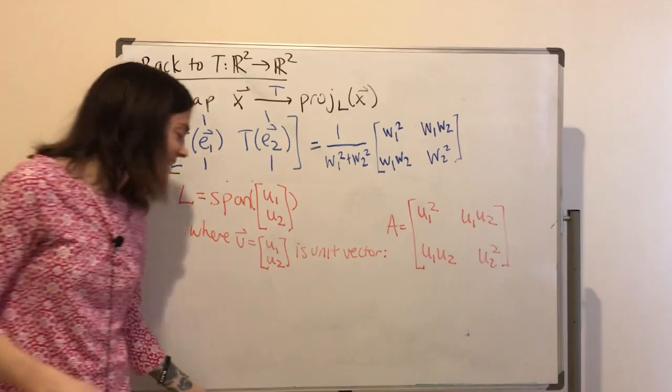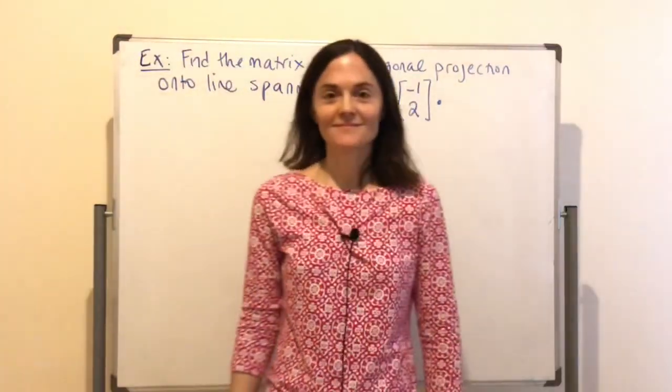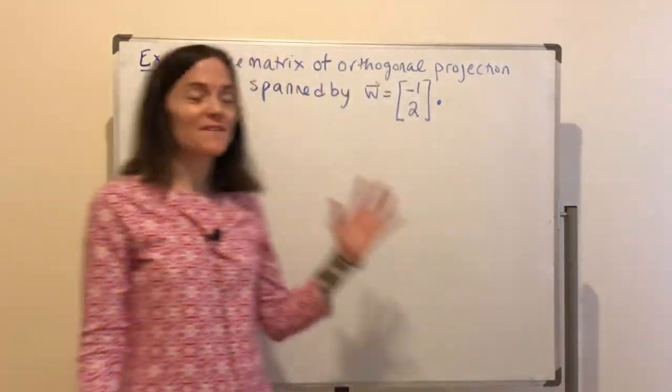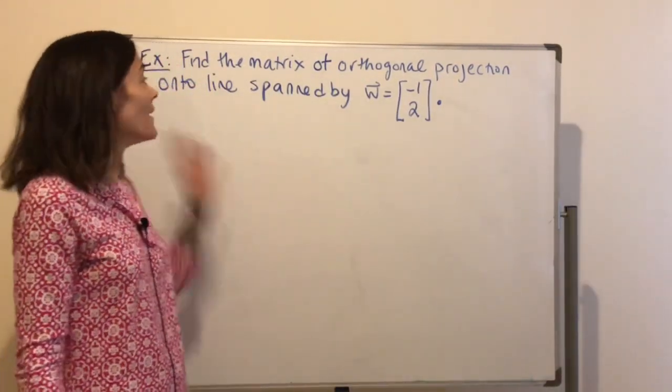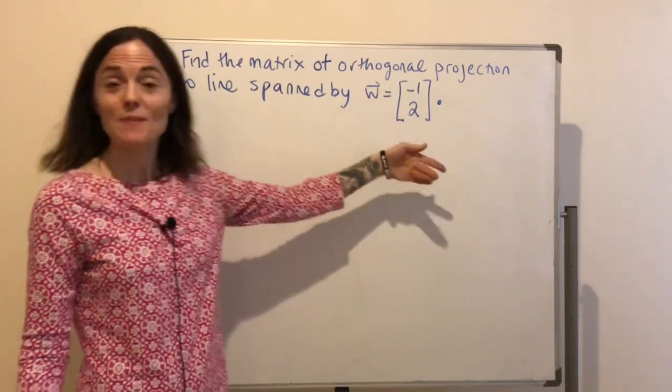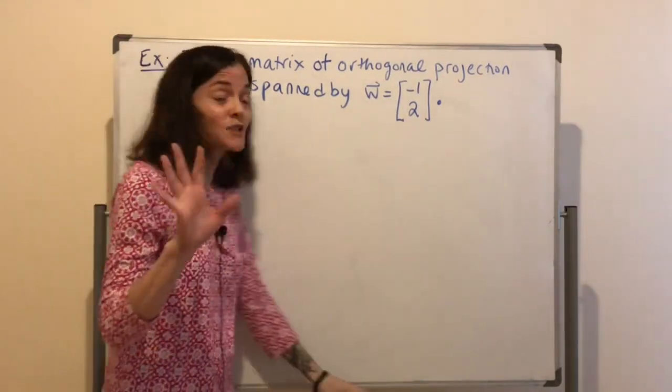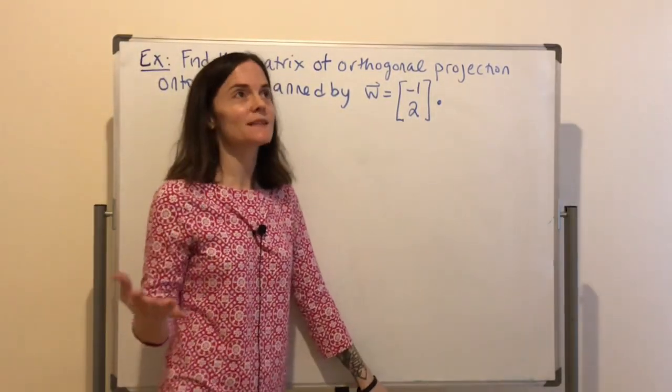Okay, now let's do an example. Well, here's a nice example. We want to find the matrix of the orthogonal projection onto the line spanned by this vector. And I will show you both ways that you could do it.